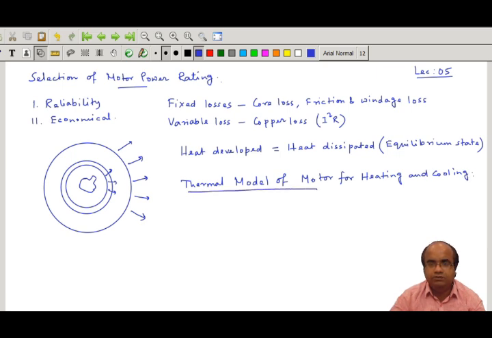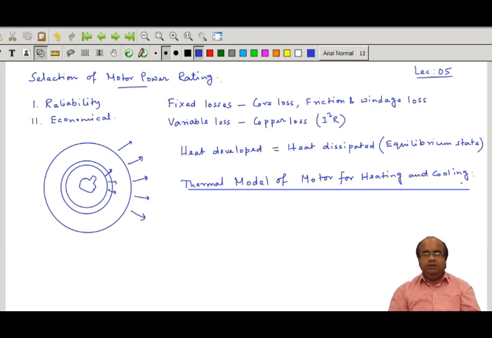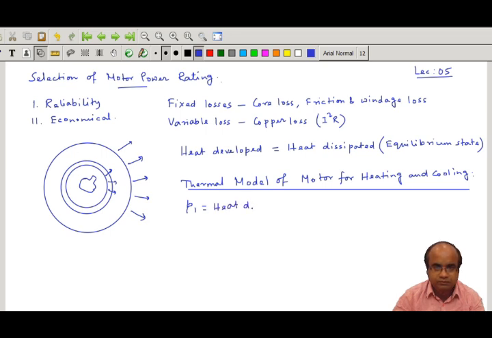We first define the parameters. P1 is the heat developed by the motor, in joule per second or watt.